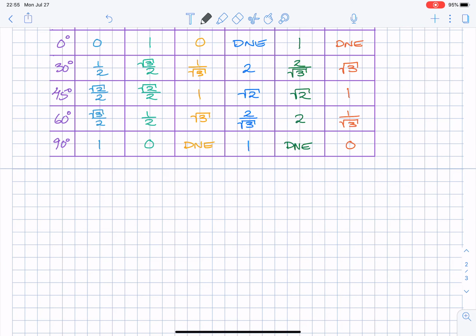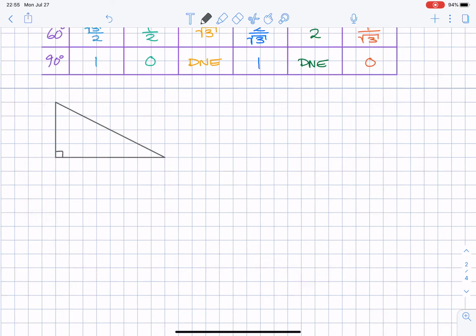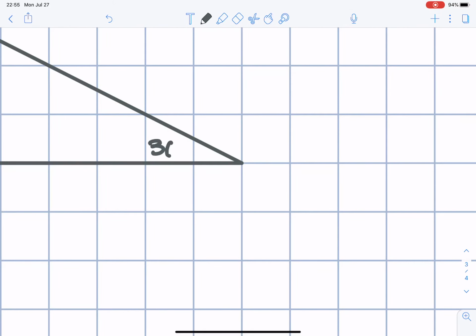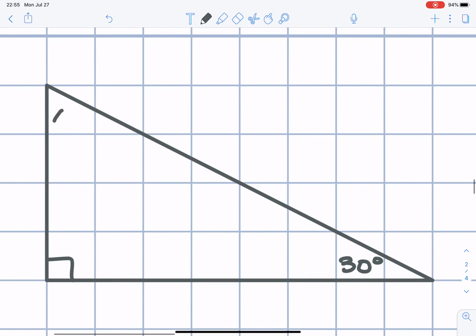Okay. But wait, there's more. Let's also recall what the triangles look like. So if I had a 30, 60, 90 right triangle, so this small angle here was 30 degrees. Oh, that's a terrible 30. Why can I not draw? This large angle here will be 60 degrees.